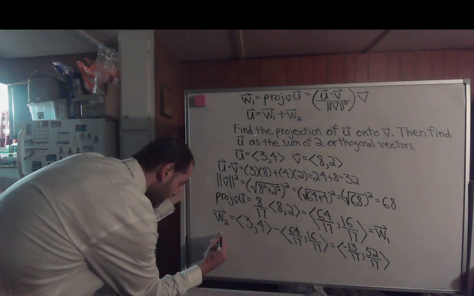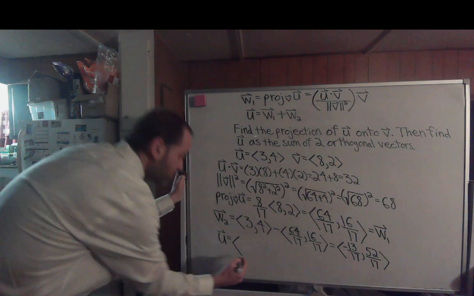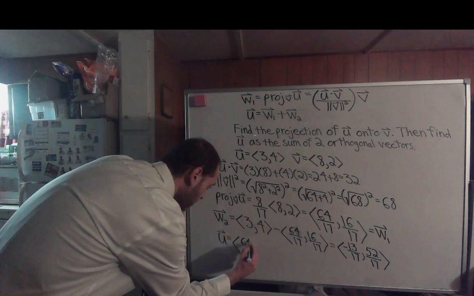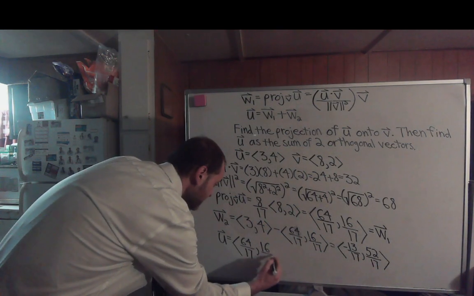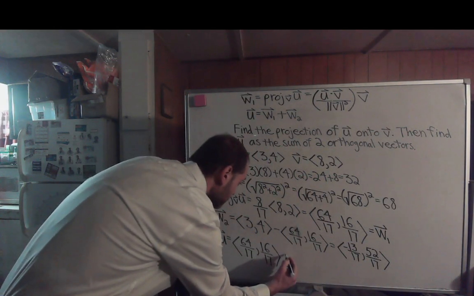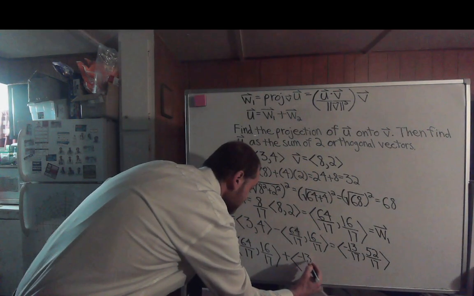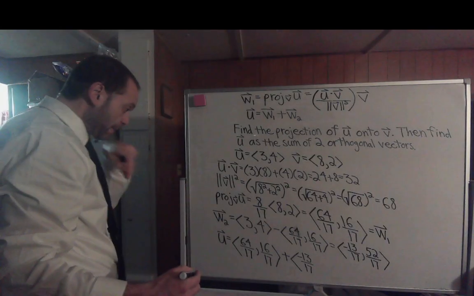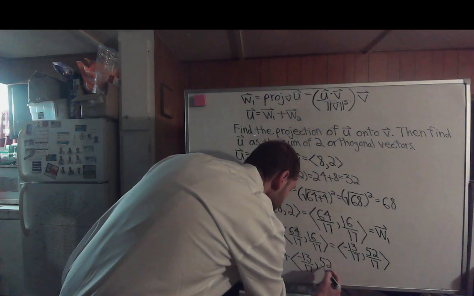So now that you found vectors w sub 1 and w sub 2, we can write vector u equal to the sum of two orthogonal vectors, w sub 1 and w sub 2, which would be 64/17, 16/17 plus -13/17 and 52/17.